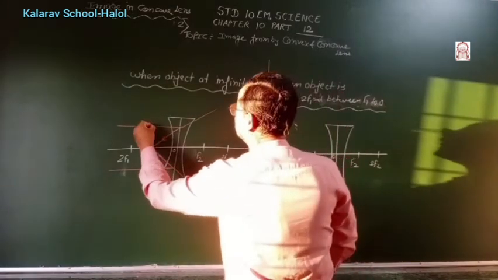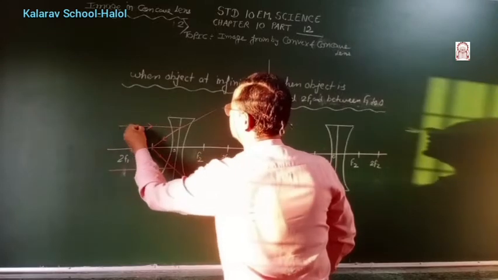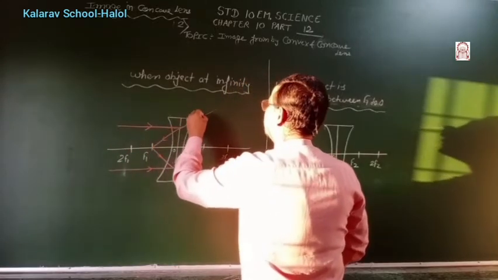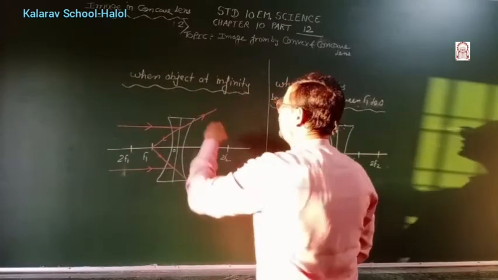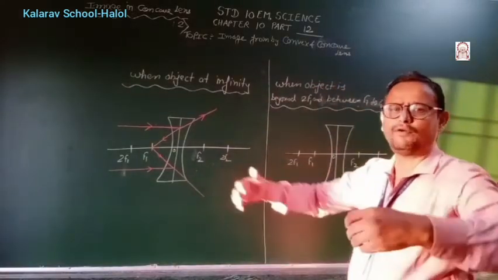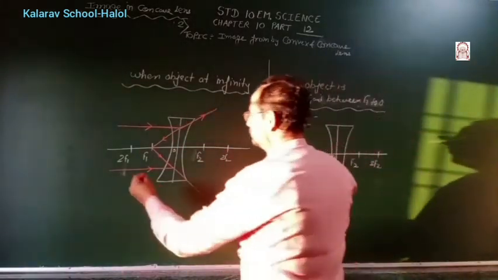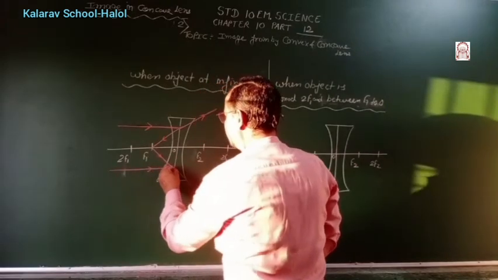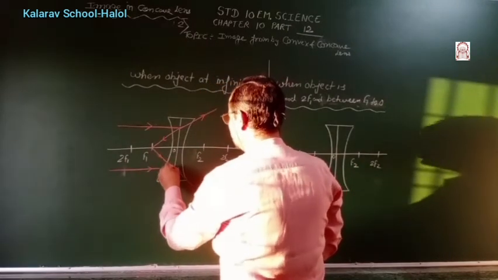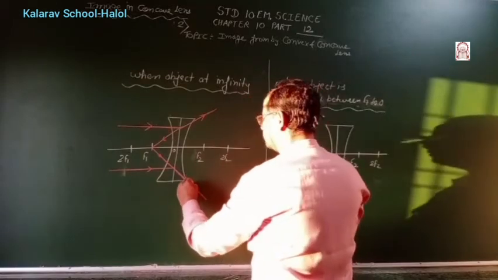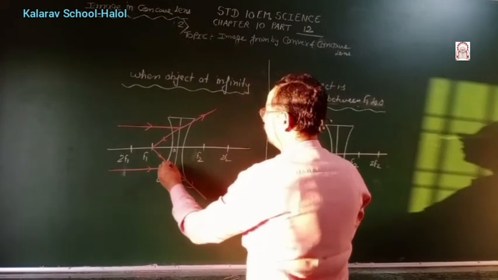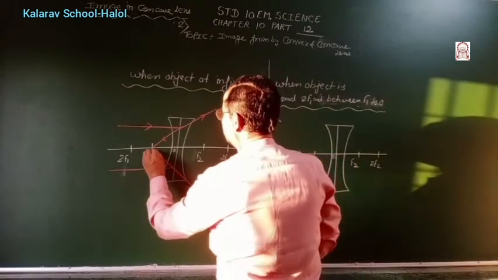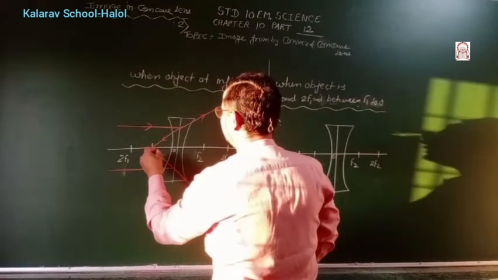These rays are actually coming this way and spreading, फैल रही है, because इसका काम फैलाना है. Is it clear? And similarly it is coming from here, parallel to the principal axis, and going this way. But when you extend it backside, it appears to meet at the focus.